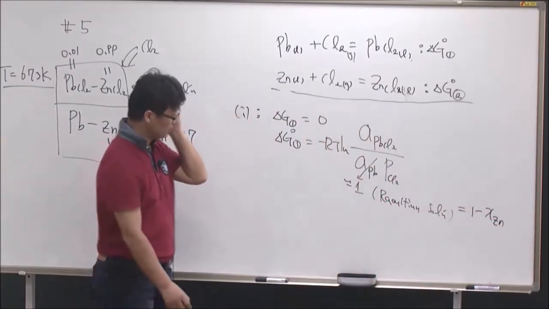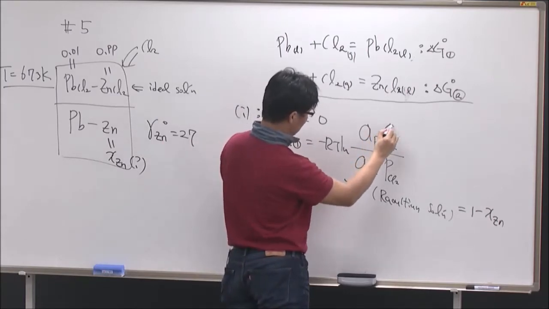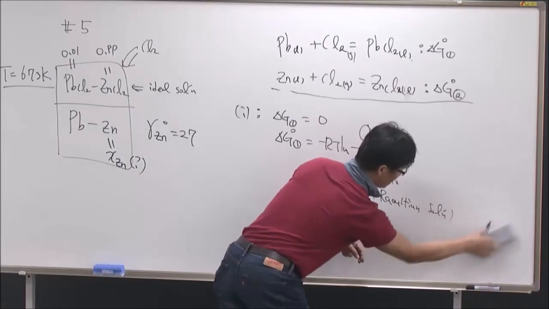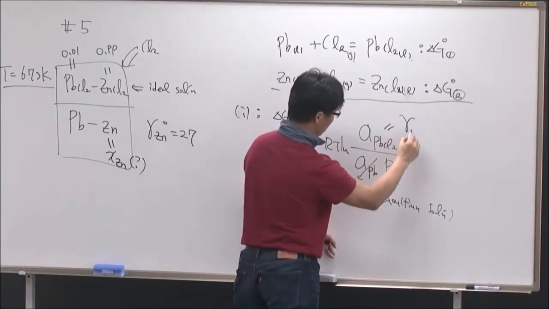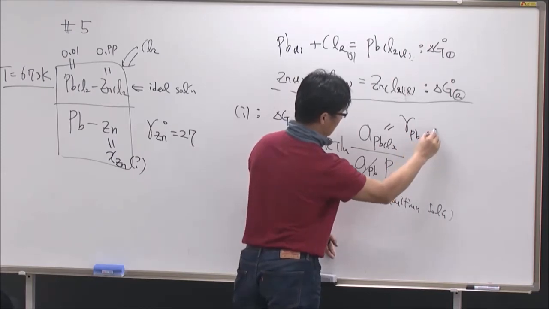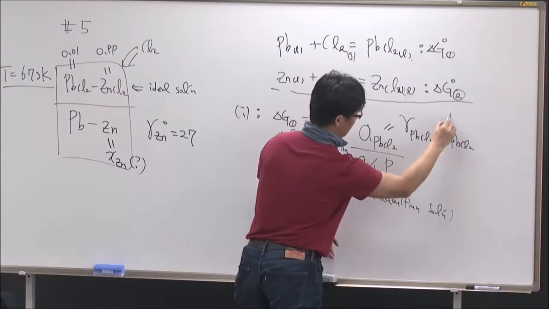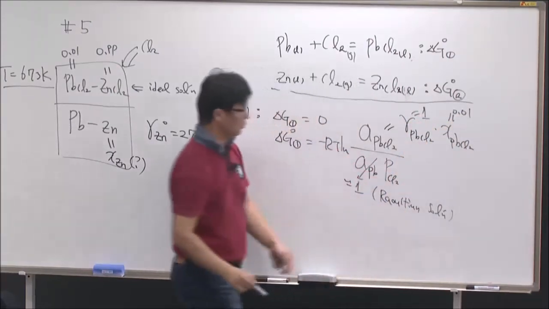That's also another way. Okay? In this case, we can assume this way. It's easy. Otherwise, we cannot solve the question. And this is activity coefficient of PbCl2 times mole fraction. And this is 0.01, and this is 1 because of the ideal solution.